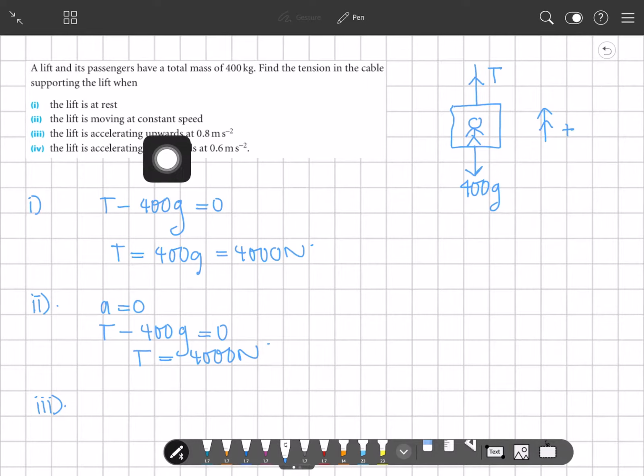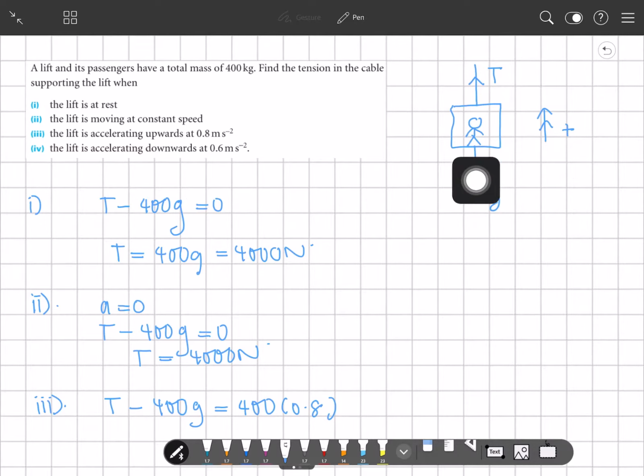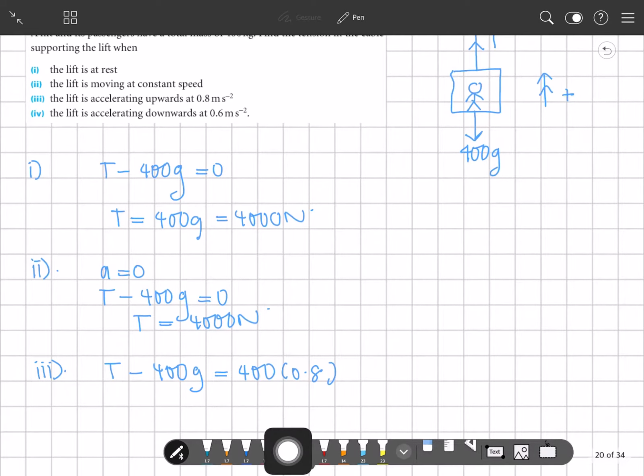Question number 3. The lift is accelerating upward at 0.8 meter per second squared. So we can write the equation now. T minus 400 g equal to ma, where m is equal to 400, multiplied by the acceleration, where we can replace the acceleration with 0.8. Since we assume the motion of the lift going upward is positive, we just substitute the value of acceleration as positive over here.